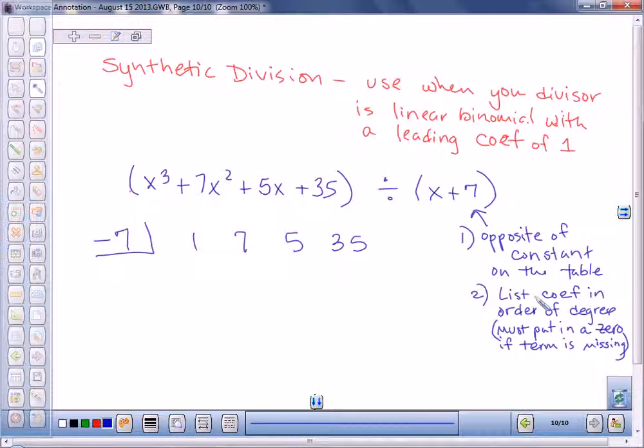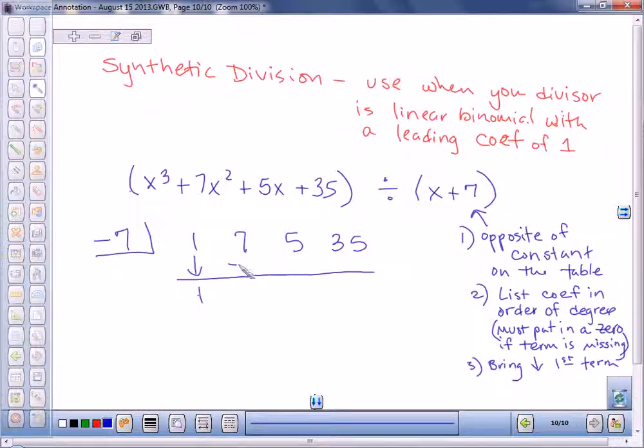Okay, every time we will bring down the first term. Take what's on the table, multiply it times that term. Negative 7 times 1 is negative 7. And then we're going to add. 7 plus negative 7 is 0.